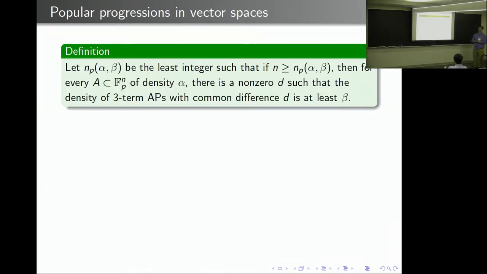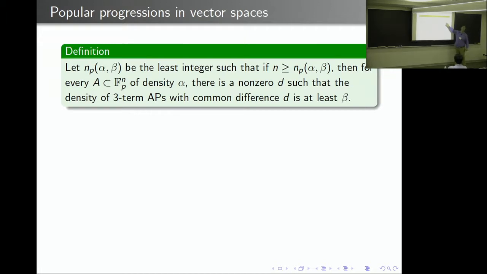Let's look at the two-variable version. We think of p as fixed here. Let N_p of alpha, beta be the least integer such that if n is at least N_p of alpha, beta, then for every subset of F_p^n of density alpha, there's a non-zero d such that the density of three-term APs with common difference d is at least beta.